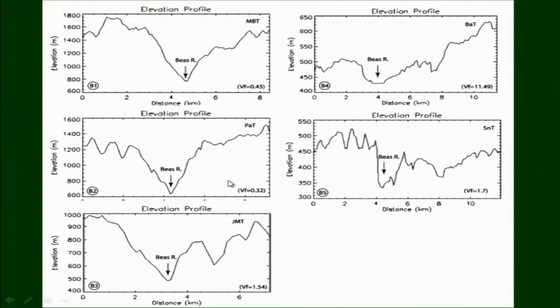What you find here is that most of the channels crossing this fault system show V-shape valleys. The river flowing across MBT shows a V-shape valley, the river flowing across Palampur thrust shows a V-shape valley, and the river flowing across Jwalamukhi thrust shows a V-shape valley.